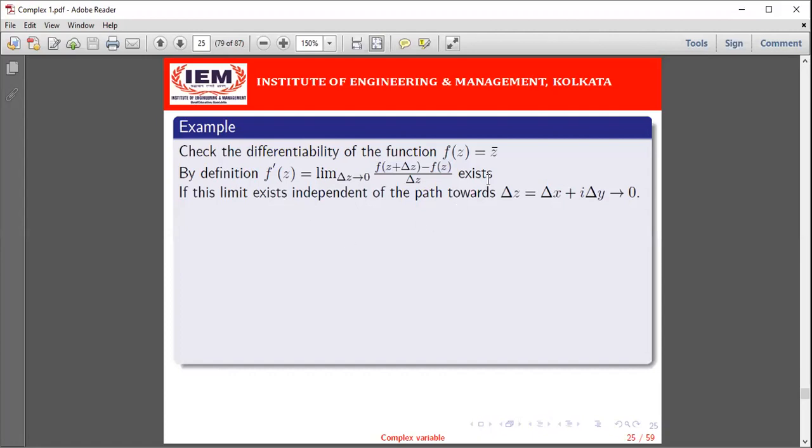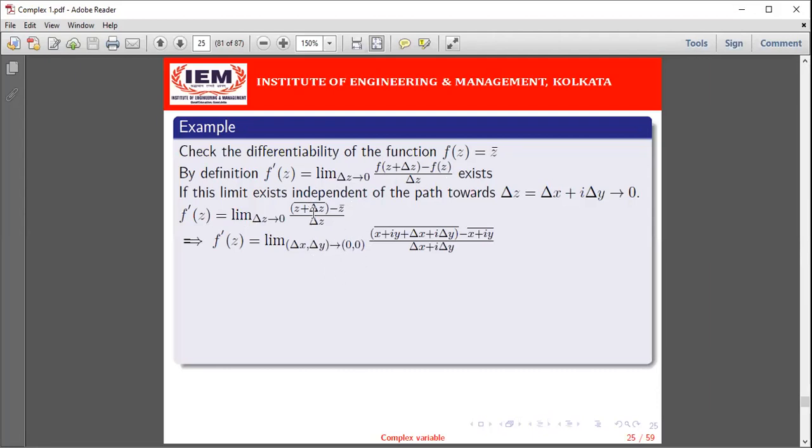So here del z tends to 0. Since z equals x plus iy, the increment in z will depend on the increment in the real part and the increment in the imaginary part of the complex variable. So del z will be del x plus i del y, and this will also tend to 0. Now f'(z) is the limit as del z tends to 0. What is f(z plus del z)? Since f(z) is z bar, f(z plus del z) will be (z plus del z) bar minus z bar, by del z. Since del z tends to 0, del z means del x plus i del y, so the limit is as (del x, del y) tends to (0, 0), because the real part is del x and the imaginary part is del y.